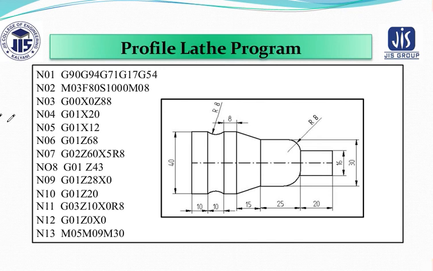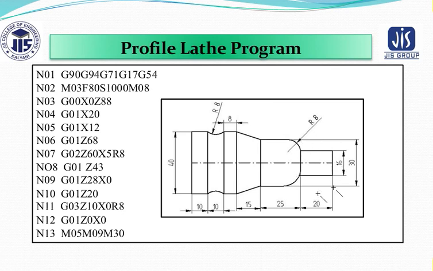Okay, so now what I will be doing is right now, you see this is a symmetric job. Okay, so in lathe machine, whenever we will be performing the operation, we will be deciding that we have to perform the operation in one portion, means we will consider the calculation in one half of the section, then automatically the remaining half will be machined.